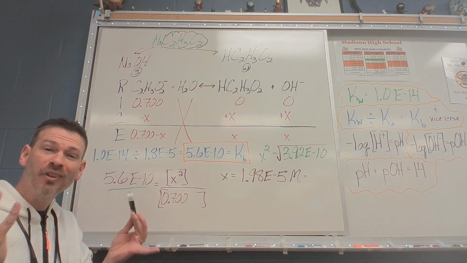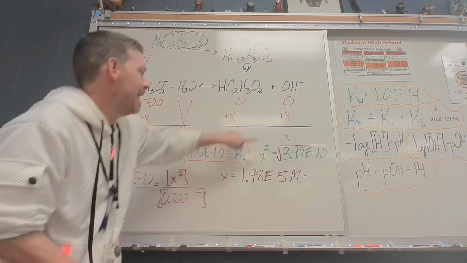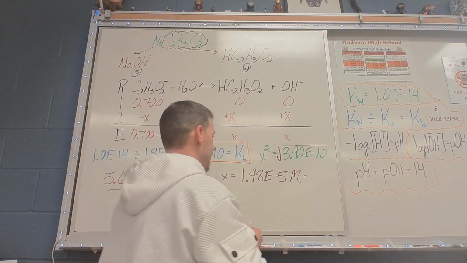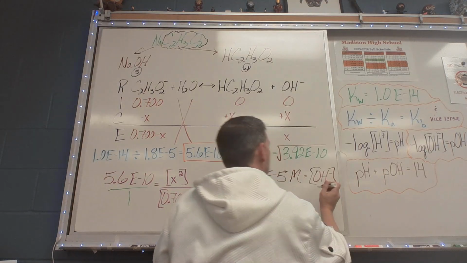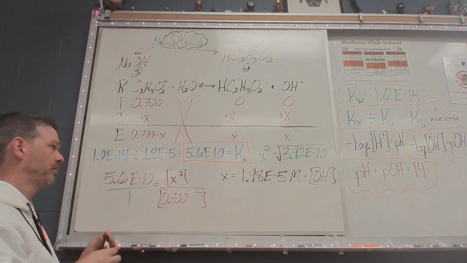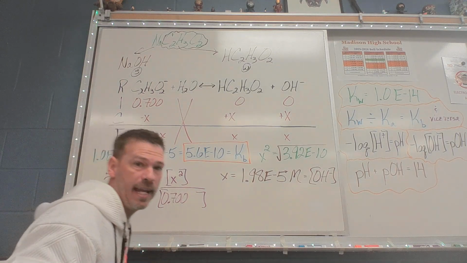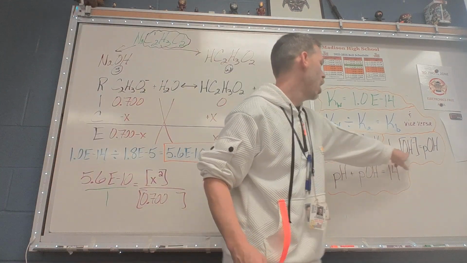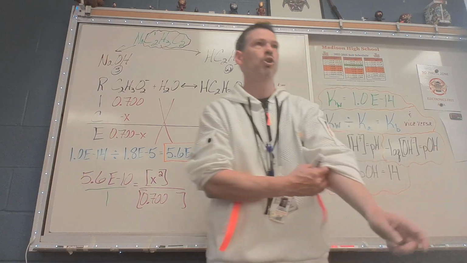And then don't forget what you have found. Why is that useful? Because X is actually a hydroxide concentration. Now that is super useful because I know that if I go negative log of a hydroxide concentration, it gives me POH.